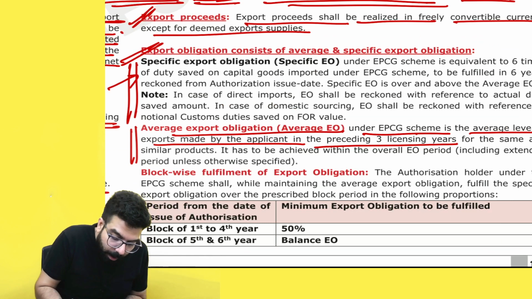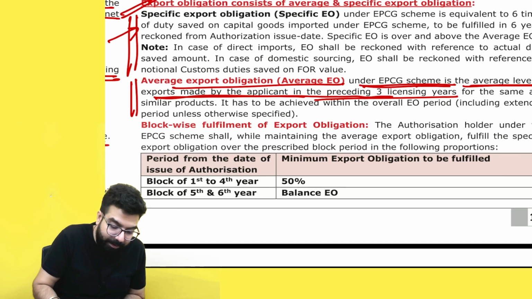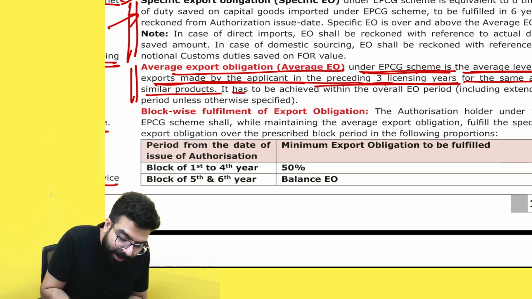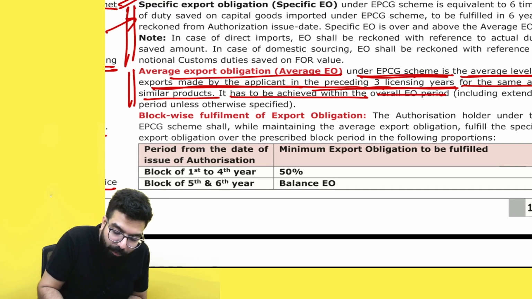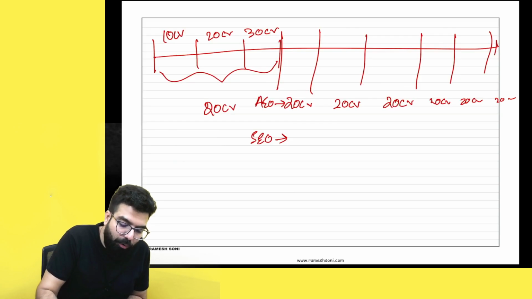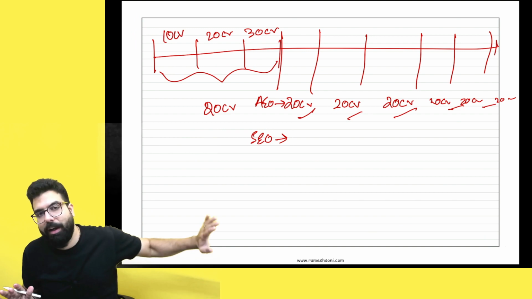See, average export obligation under the EPCG is the average level of export made by an applicant in the preceding 3 license years for the same and similar product. It has to be achieved within the overall export obligation period, including the extended period. It means you have to keep achieving this 20 crore every year for the next 6 years at least.